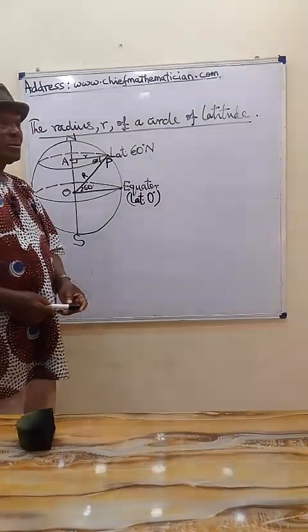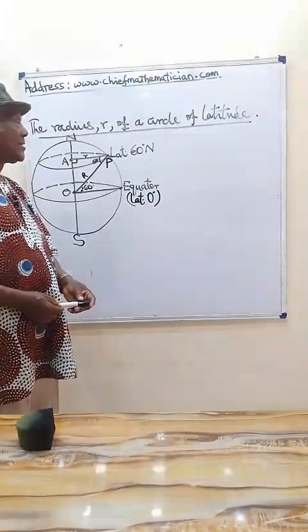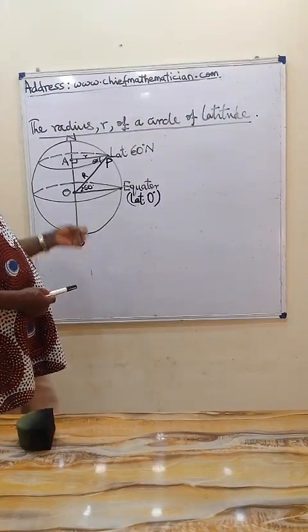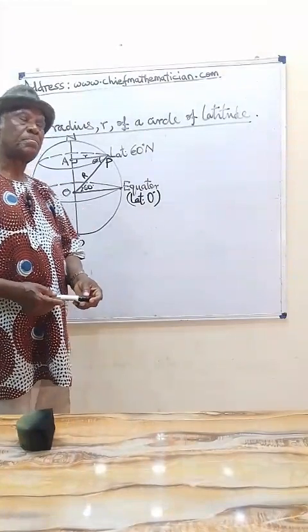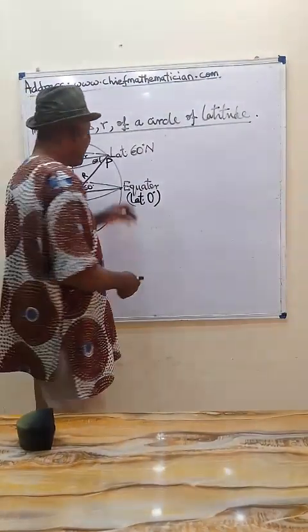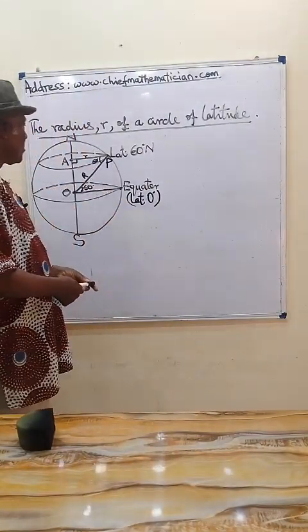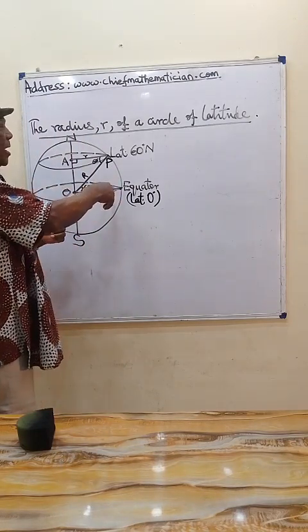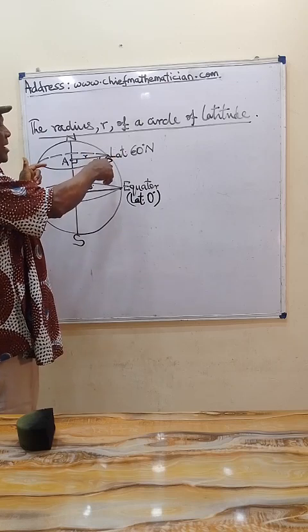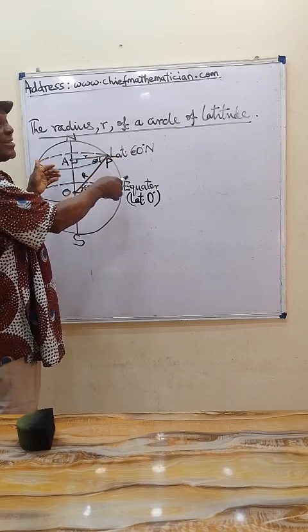Like I told you in our last lesson of class, we shall be talking about the radius of a circle of latitude. If you look at my diagram on the board, that is the Earth, that is the equator, and this is a latitude 60 degrees north.